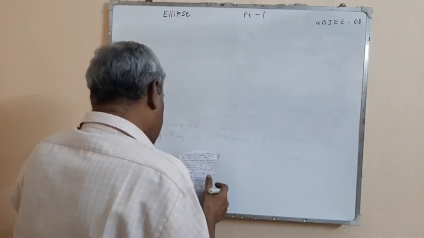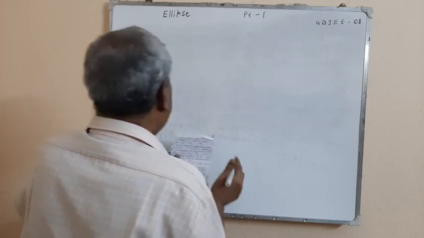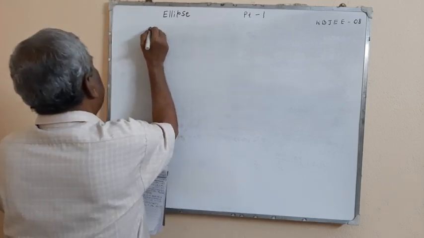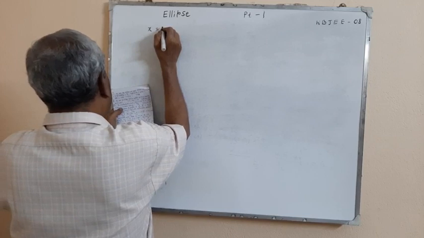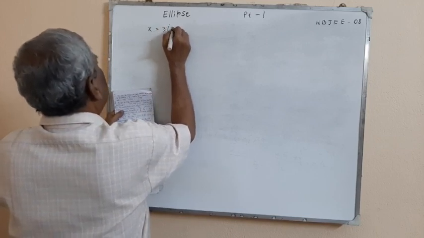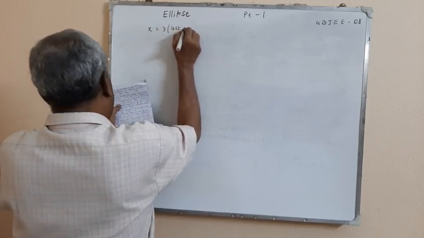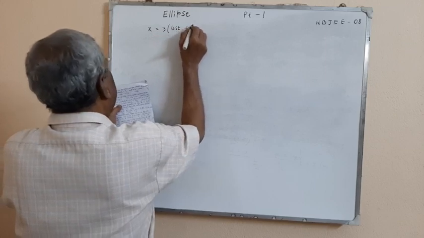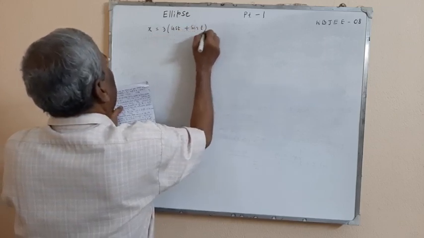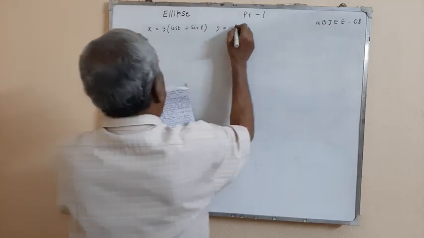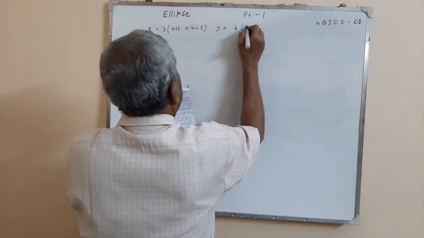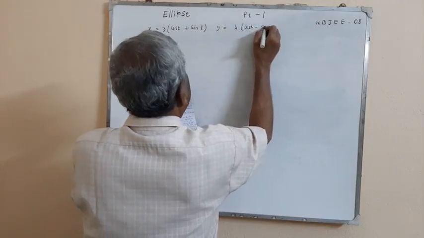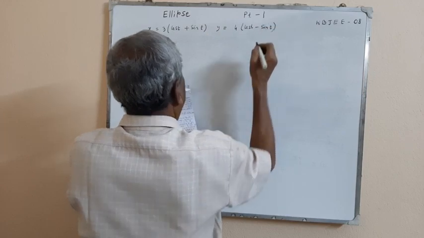The eccentricity of a curve represented by x is equal to 3 into cos t plus sin t, and y is equal to 4 into cos t minus sin t is.